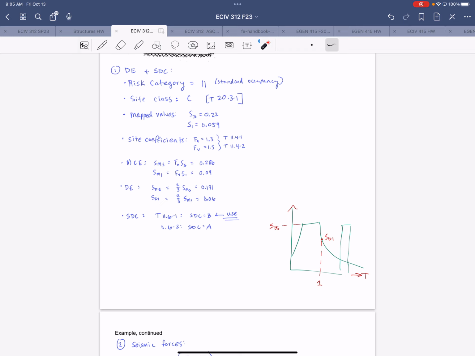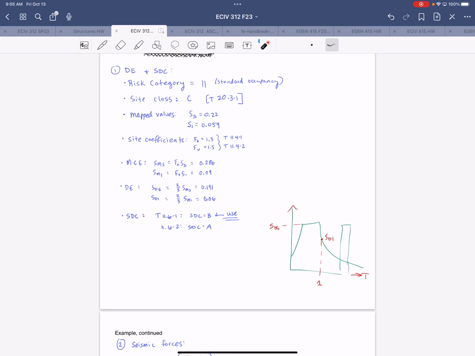And here it shows you the level of expected performance, and that's tied to risk category. So for a frequent earthquake, you would want a risk category 4 structure, which is those essential facilities, to be operational for sure.